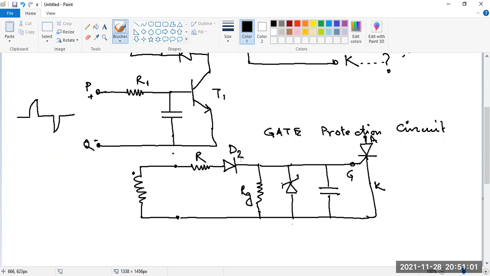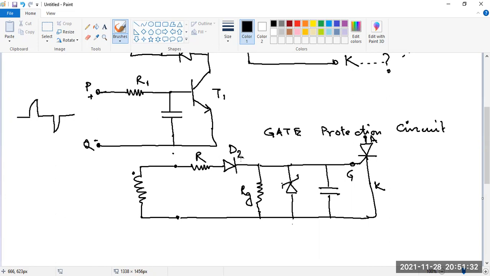Okay, and what is RG? RG is basically, if there is some thermally generated carrier, then it acts as a bypass path for them. Okay, so that is the function of Rg. Similar operation we also have for this Zener diode.